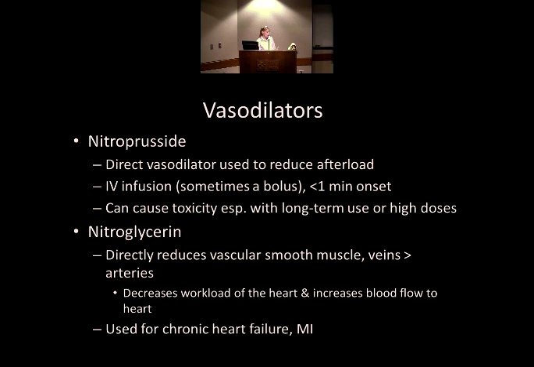It decreases how much work the heart has to do as well as increases blood flow to the heart. So it gives the heart extra oxygen to do the work, which helps protect against MI. It is used for chronic heart failure, and it's also used to treat intraoperative MIs to increase the flow and the oxygen to that muscle.